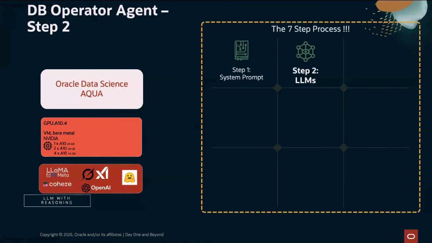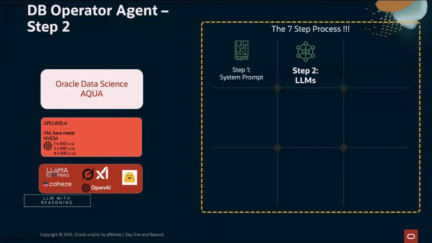We have something called Oracle Data Science Quick Actions, AQUA is the short name for that. Behind the scenes, obviously, we have a lot of GPUs within Oracle Cloud Infrastructure. We can support that data science platform called AQUA and run a model of choice. And remember, my model does not need anything else from Hugging Face because Grok, which is available within OCI, does the work.